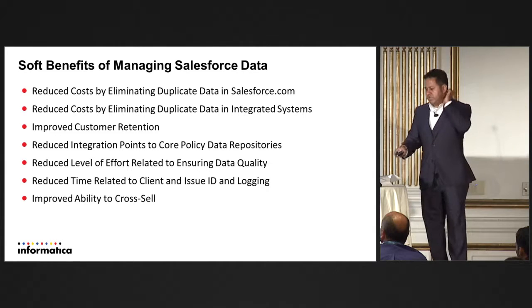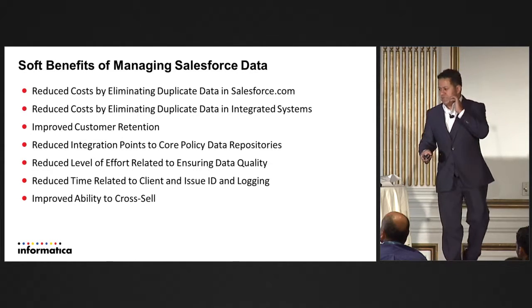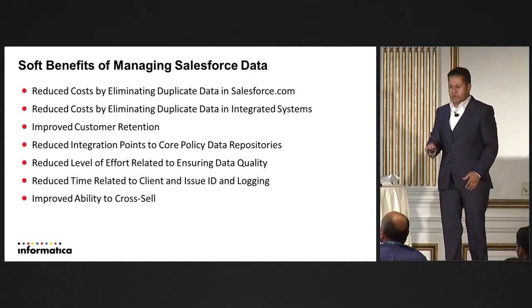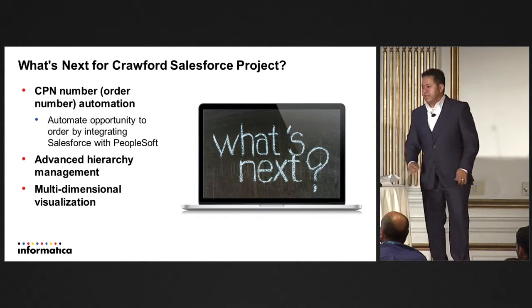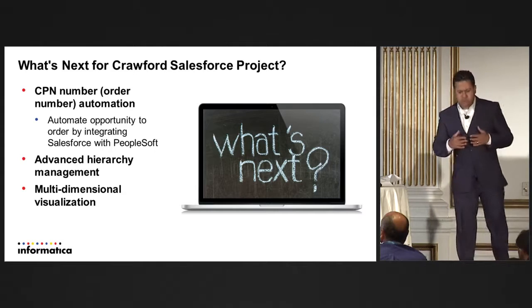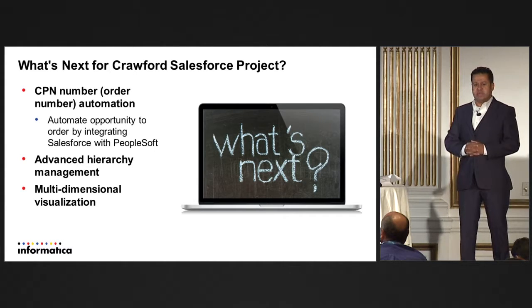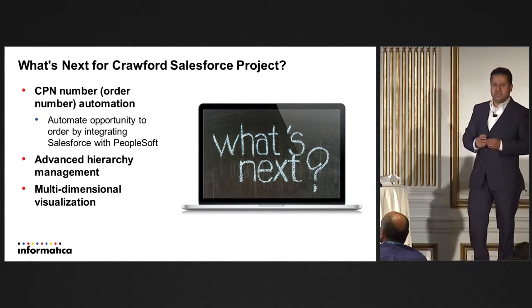Some of the soft benefits we listed: managing Salesforce data, reducing costs, and all that. We already talked about it. Finally, I just wanted to make sure we cover what's next for us. We did our Sales Cloud automation, our master data management, duplicate prevention, and Informatica Cloud Customer 360.